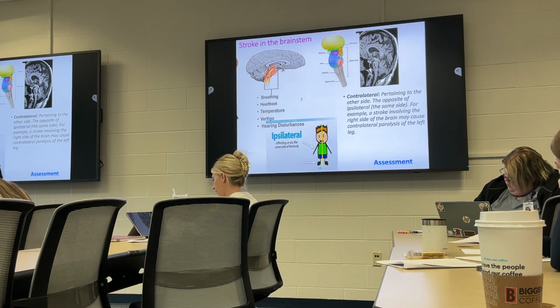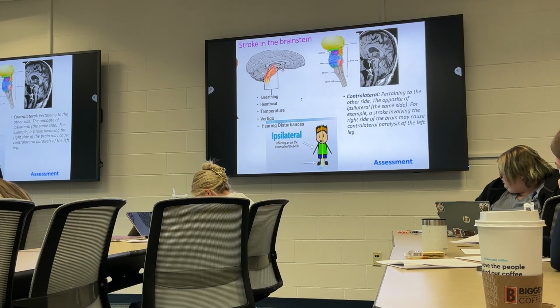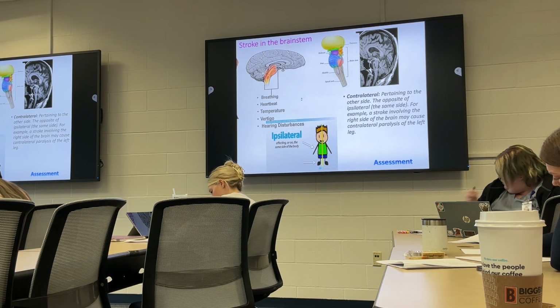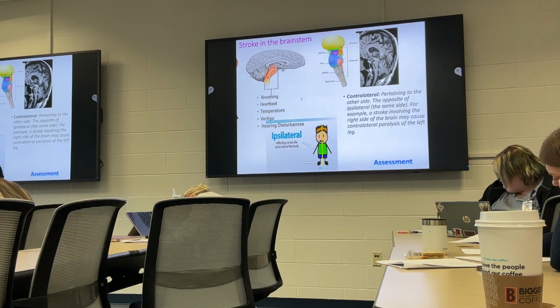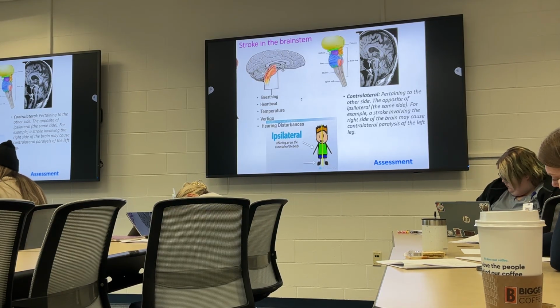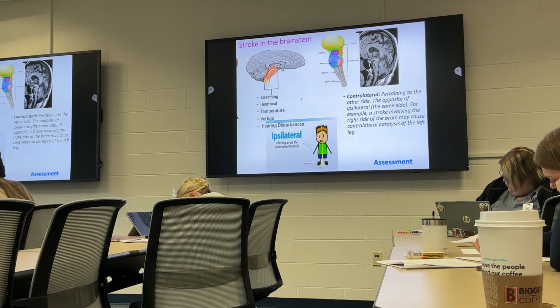So our pons is where the cranial nerves cross. We'll have cranial nerves and then they cross sides, so that's why we have contralateral symptoms with a stroke. If we have a right-sided stroke, meaning their right brain, we're gonna have left-sided symptoms because our cranial nerves cross. So that's the meaning of ipsilateral and contralateral.